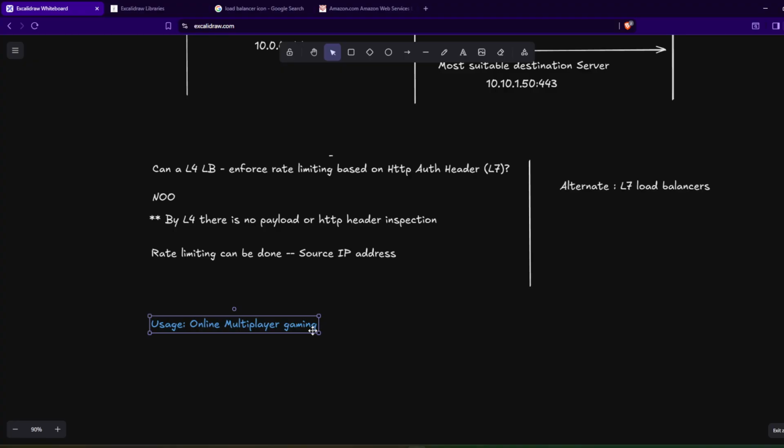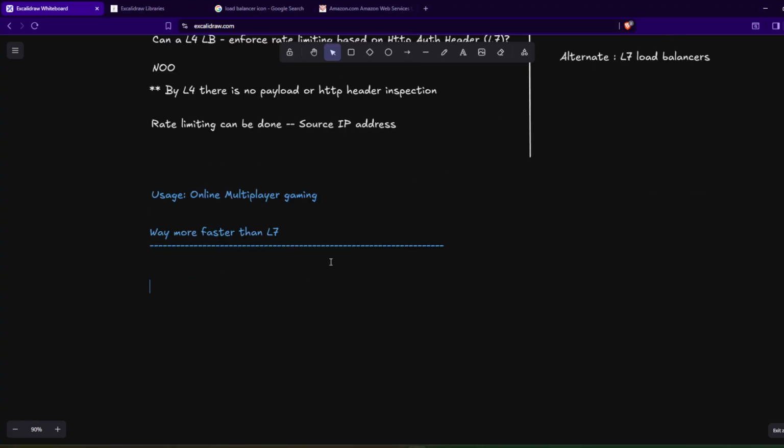So in that case the L4 load balancer is useful, and also it is way faster than L7. And why, we will discuss this in detail, like why it is way faster than L7. So when reliability is secondary and speed is primary, we always go with the L4 load balancer.